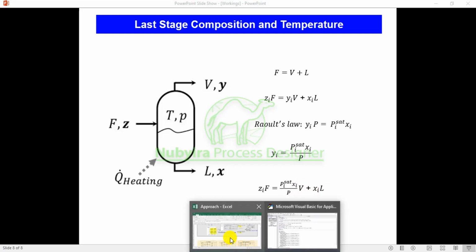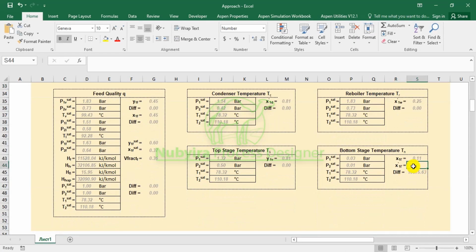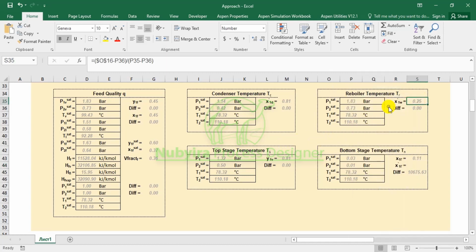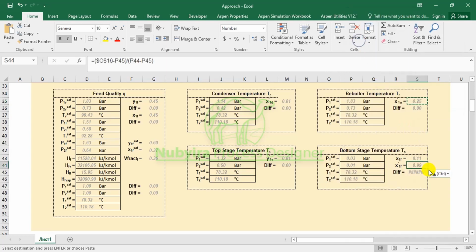I will not be going deep into the equation. Then we use the formula for the liquid phase. For the formula for the liquid phase, I still have to change things. For the liquid phase mole fraction, okay, I'm going to change this formula. So we have something like this.